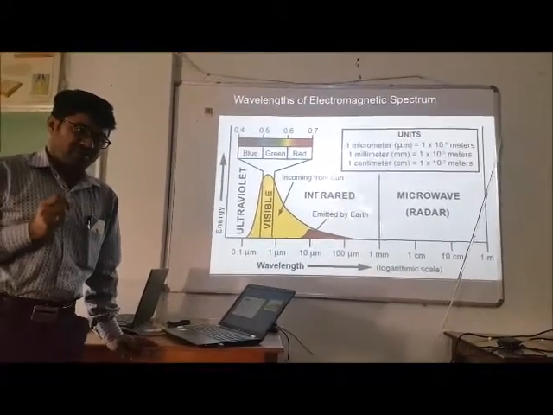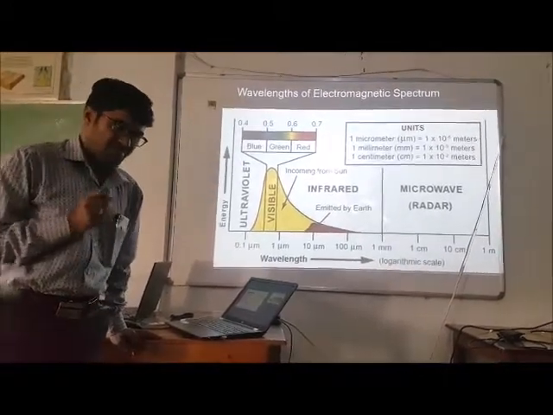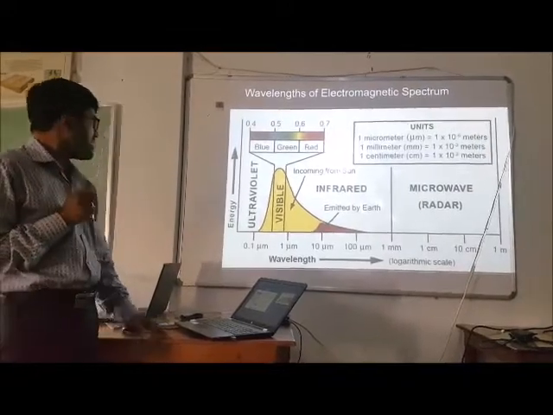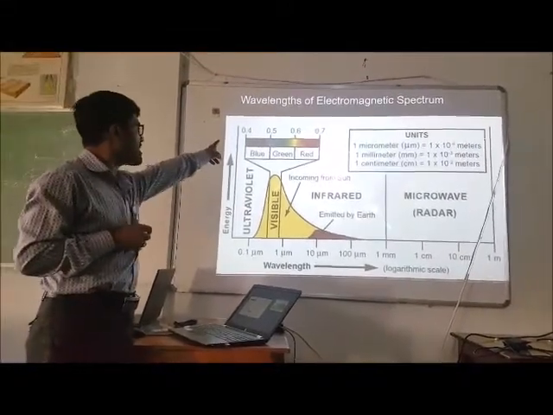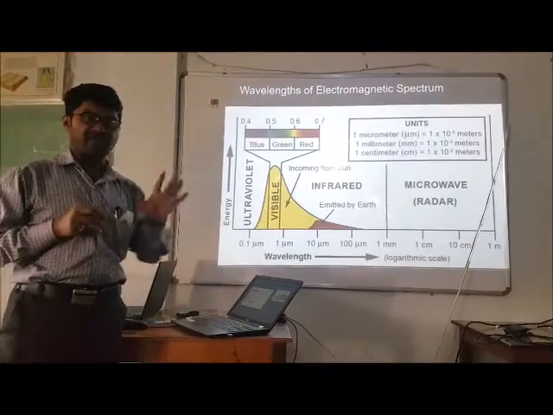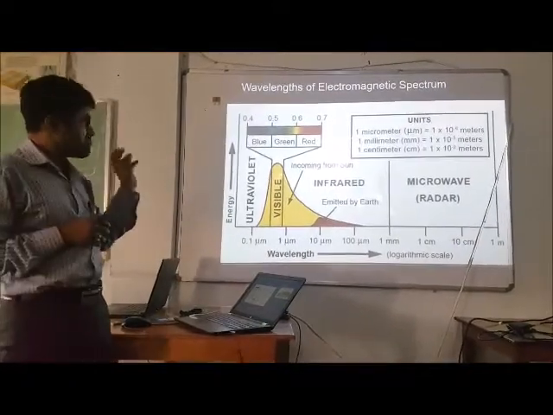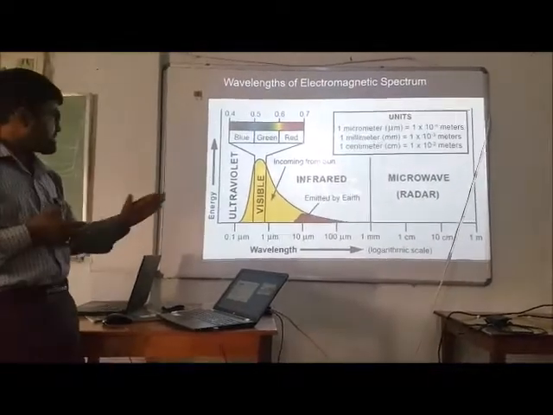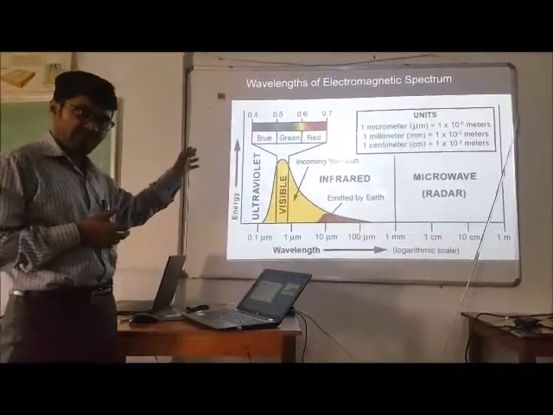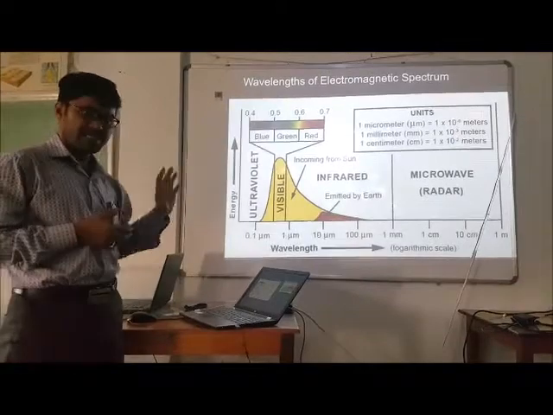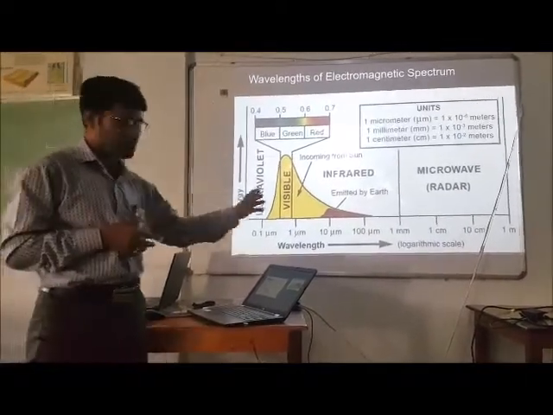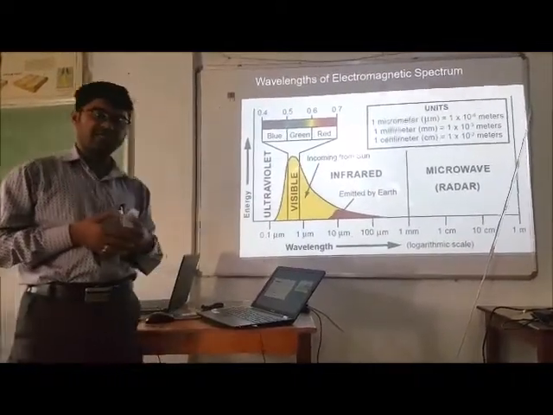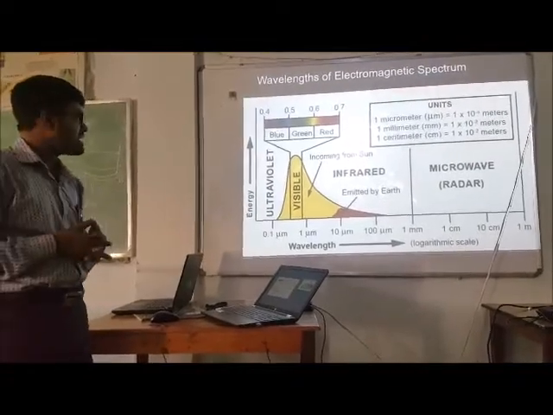The wavelength of that part is 0.4 micrometer to 0.7 micrometer. Only this part can be seen by the human eye. The smaller wavelengths than the visible part cannot be detected by the human eye, and the bigger ones also cannot be detected.